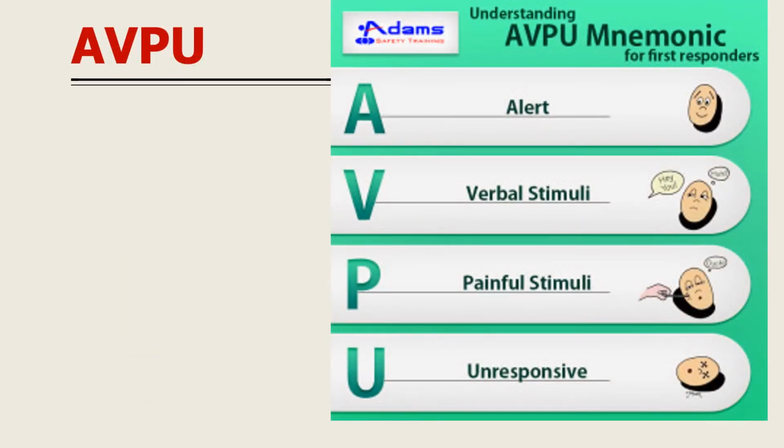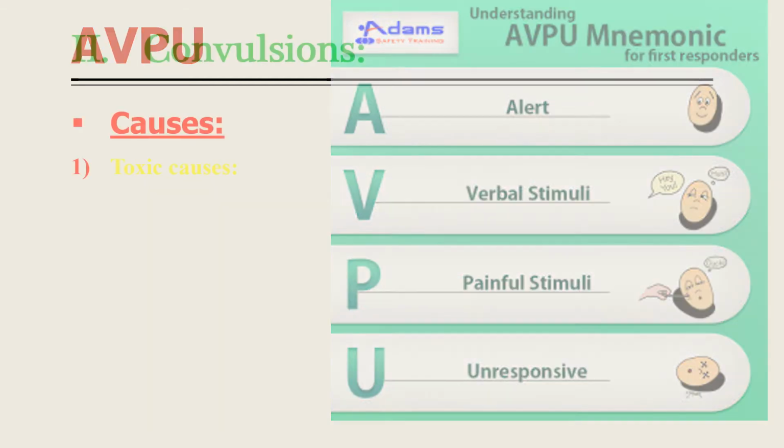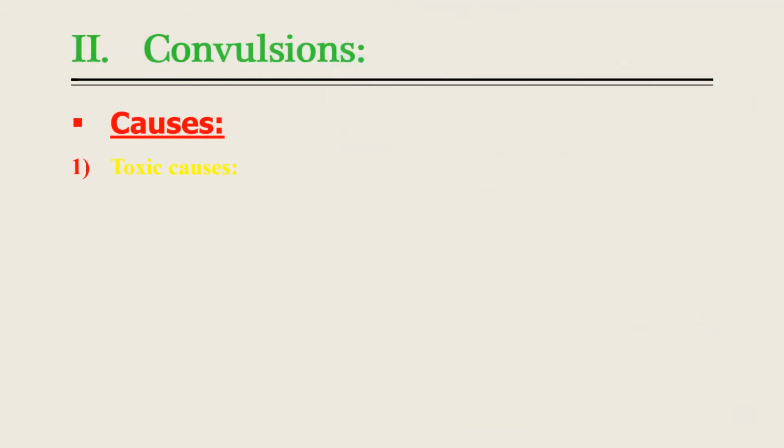And this is the AVPU scale: alert, verbal stimuli, respond to verbal, then making painful stimulus. If he responds, so response to pain. Unresponsive, so U, which is unresponsive. The convulsion. This is another item which is very important in the general examination to make a diagnosis if there is convulsion or not.